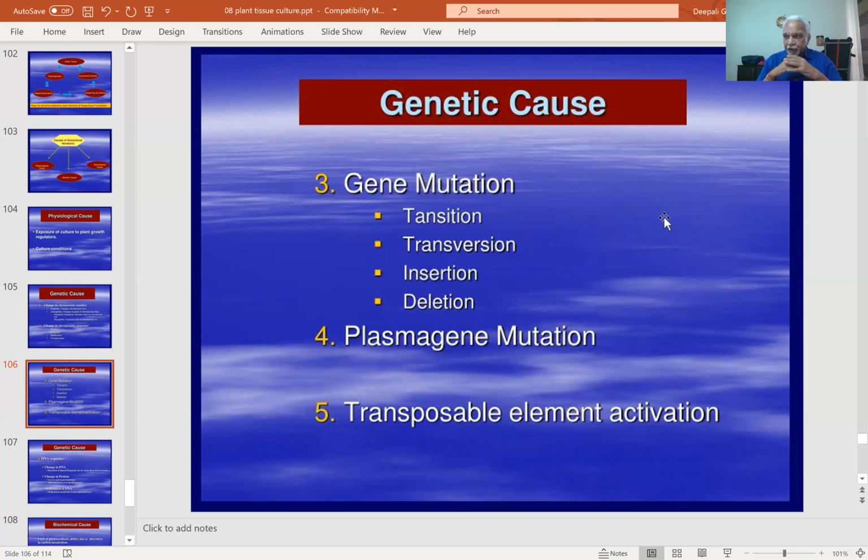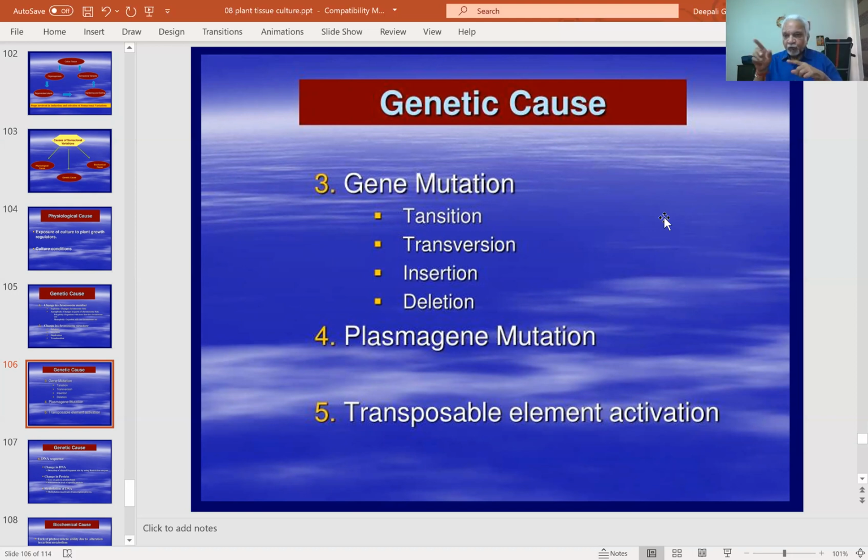Gene mutations can take place, and then the transposable elements can get activated. Now we know that all genomes in all living organisms have transposable elements, which remain in their place.